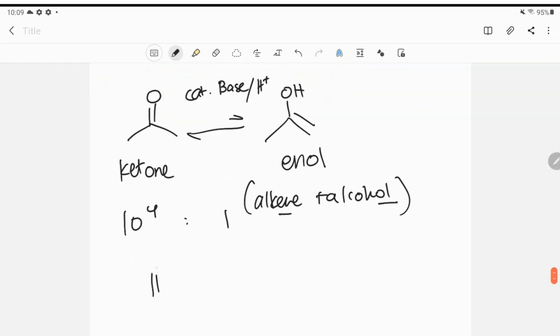For example, if we take a look at a dione, the diones actually exist more as the enol form.